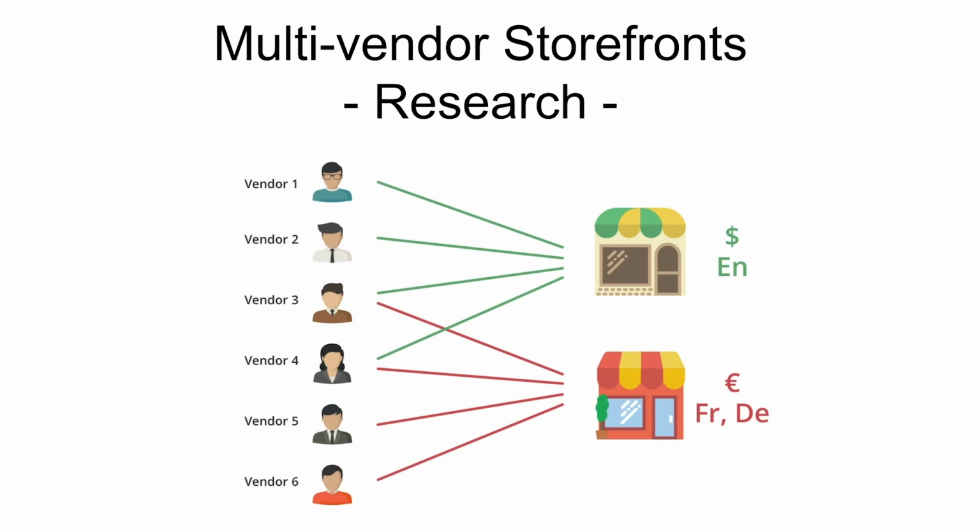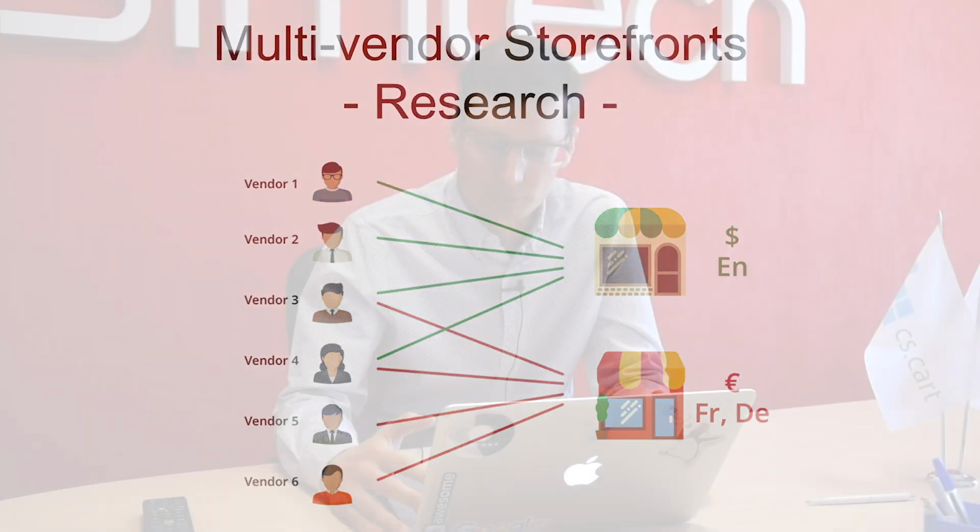Thus you will be able to create different storefronts, as I mentioned, for either locations or different groups of products. We already had an MVP for this feature, but it's not available for testing for now. I hope in the next month we will do this and provide you with a beta add-on to test it.